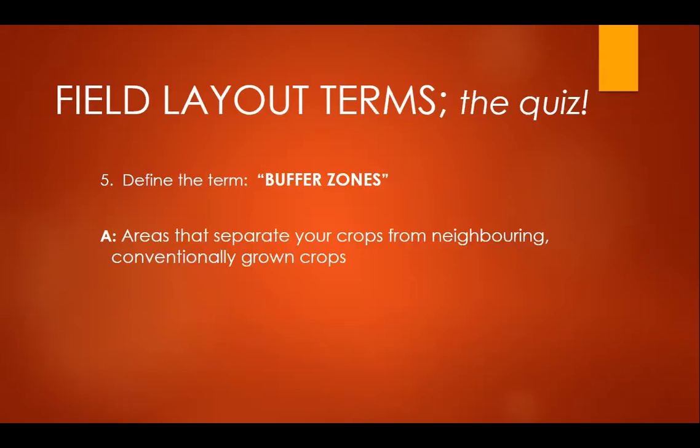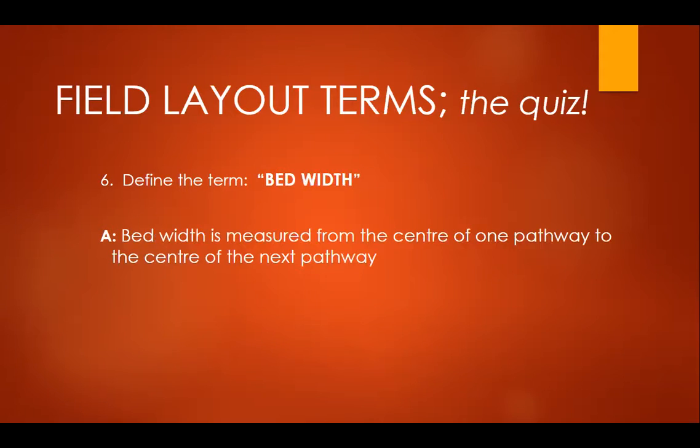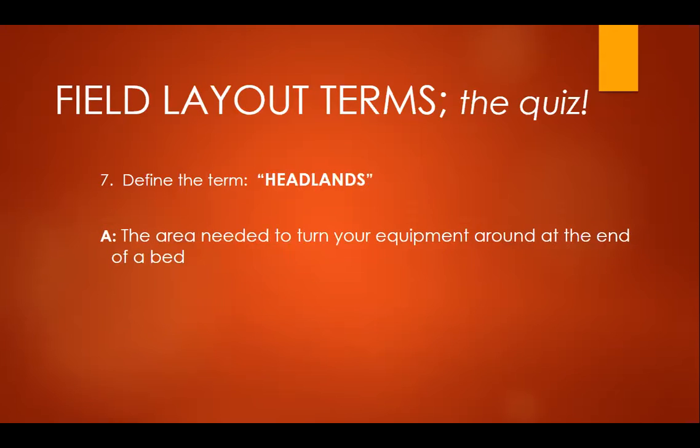Buffer zones are the areas that separate your crops from neighboring conventionally grown crops. Bed width is measured from the center of one pathway to the center of the next pathway. Headlands are the area needed to turn your equipment around at the end of the bed.